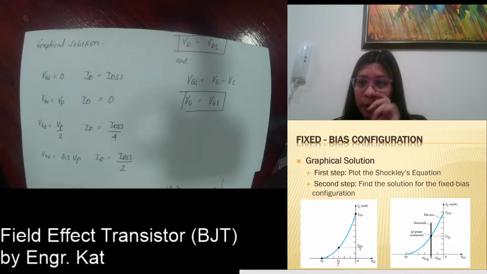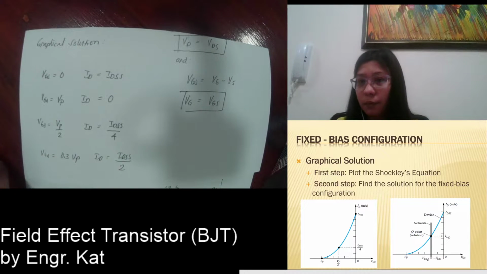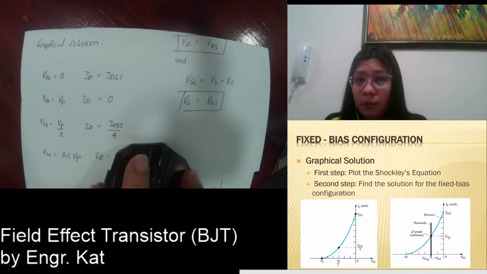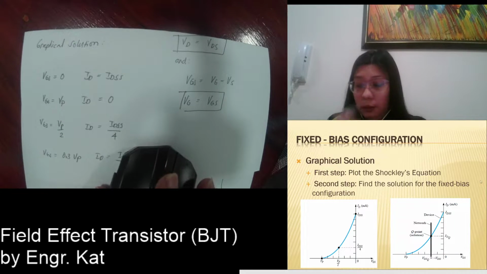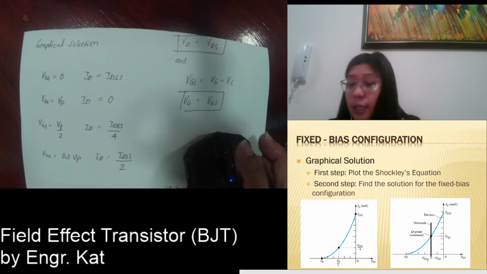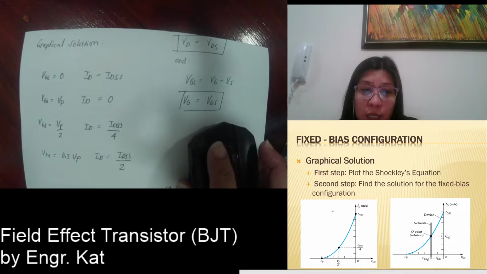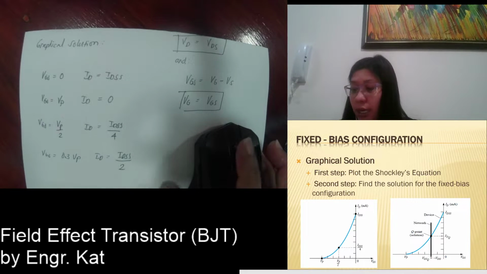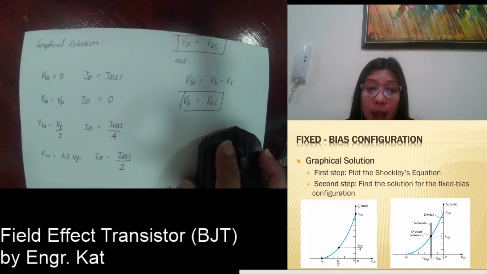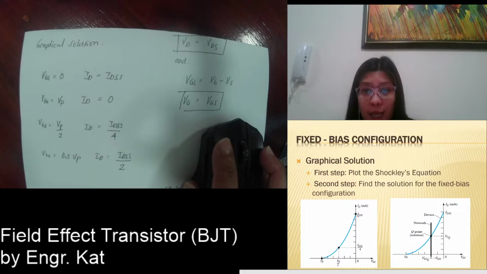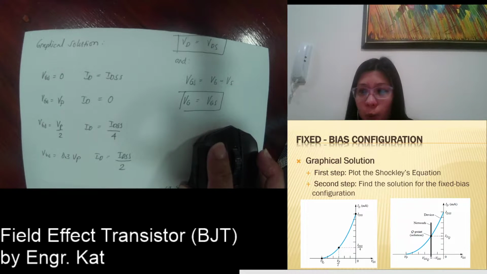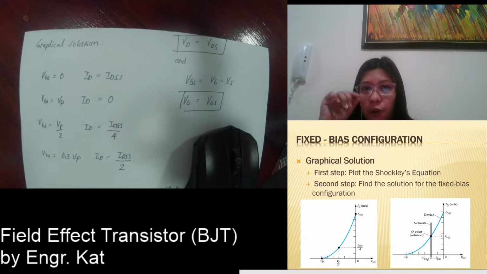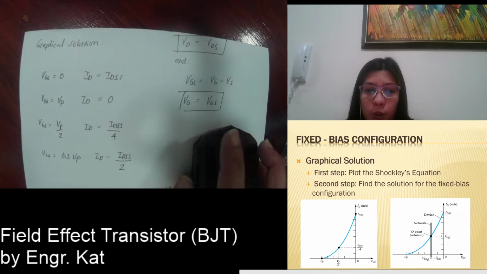So where is that point, class? This is your first point. Okay, so when your VGS is equal to 0, your ID is equivalent to your IDSS. Our second point is this one. When your VGS is equal to VP, your ID is equal to 0.